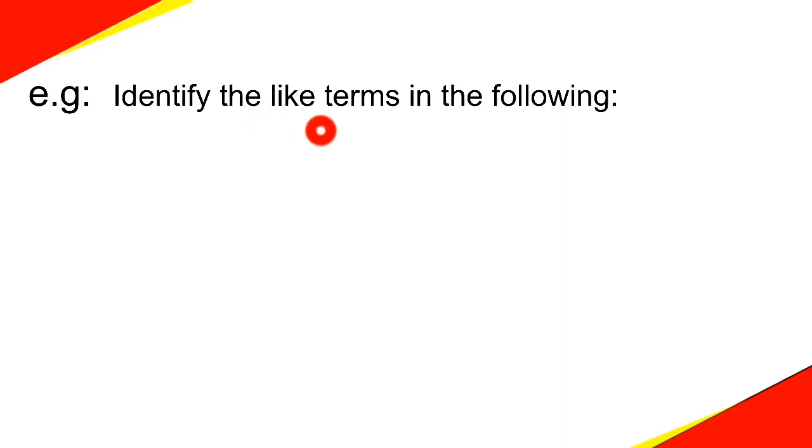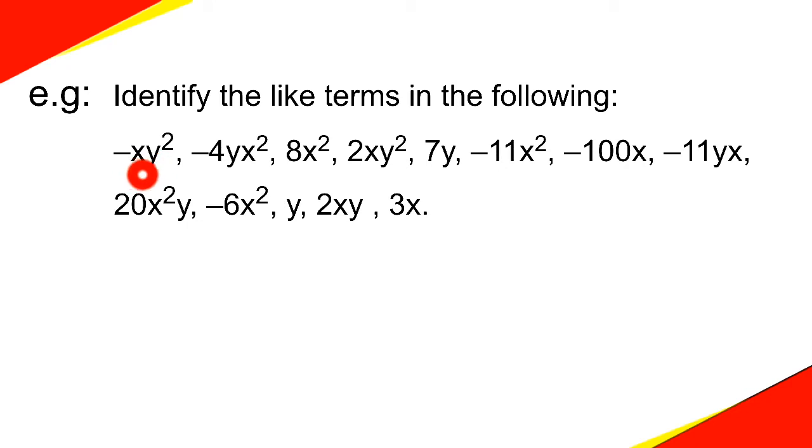Identify the like terms in the following: minus xy square, minus 4yx square, 8x square, 2xy square, 7y, minus 11x square, minus 100x, minus 11yx, 20x square y, minus 6x square, y, 2xy, 3x.